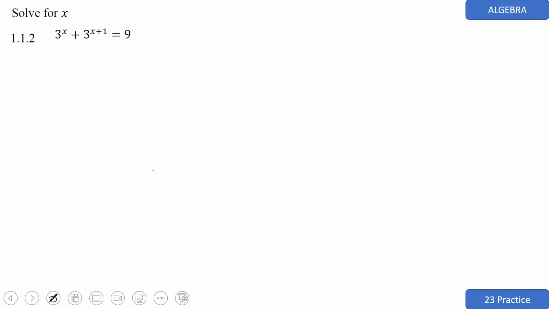All right, so let me go. Step one, this is an exponential equation. There's a plus in between. You've got to take out a common factor of 3 to the power x.